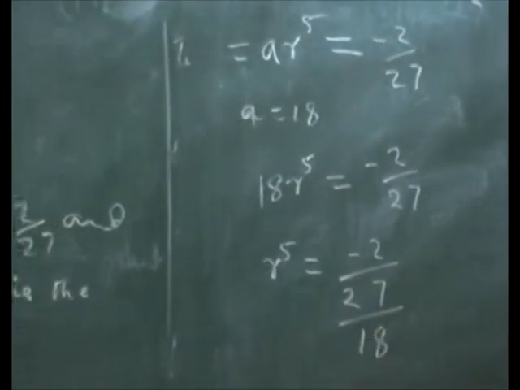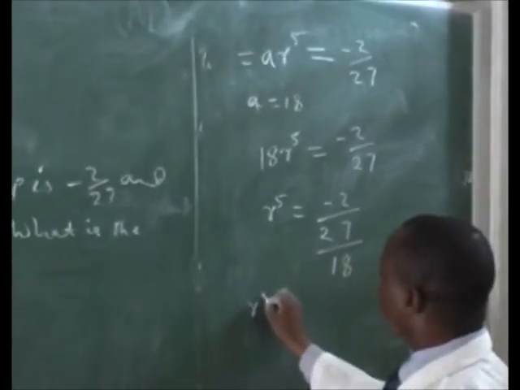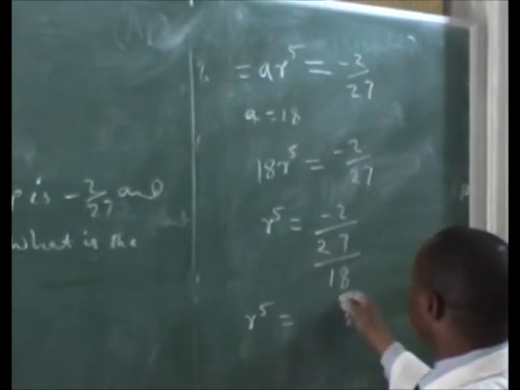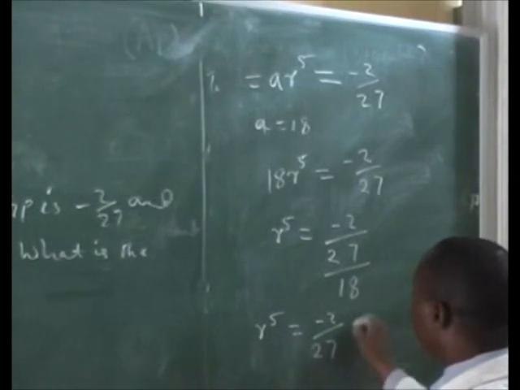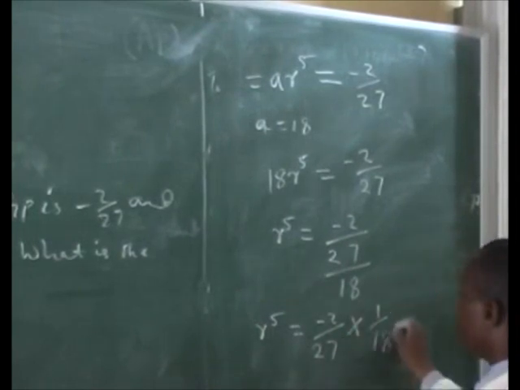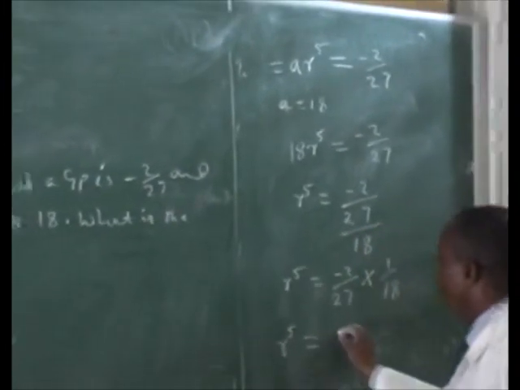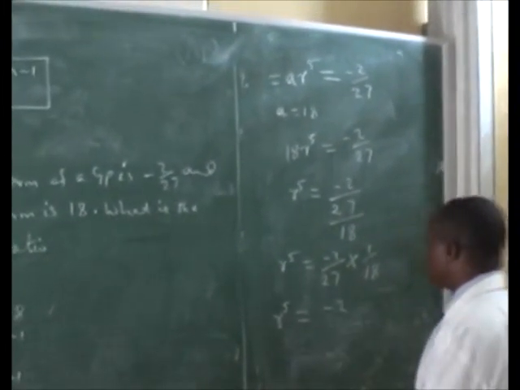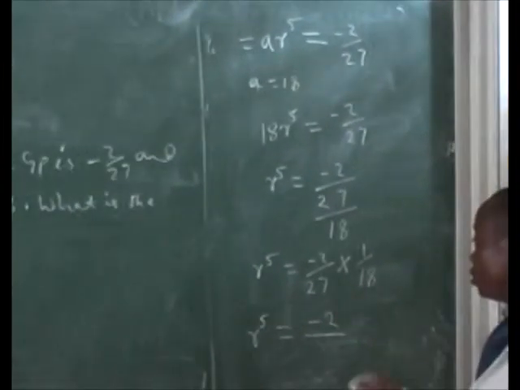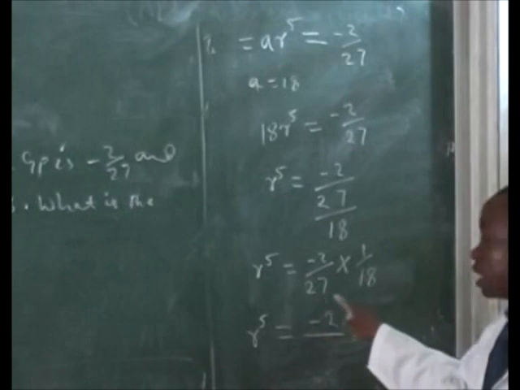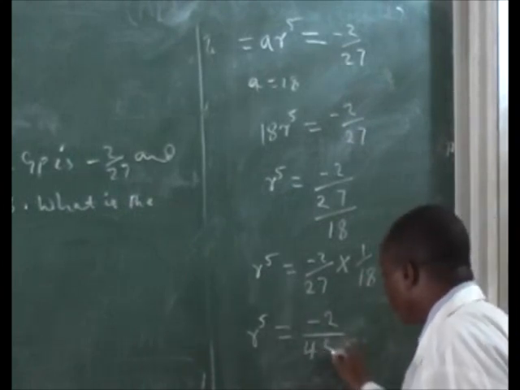So that will give us r raised to the power 5 equal to minus 2 all over 27 times 1 all over 18, which is minus 2 all over 27 times 18, which gives us 486.